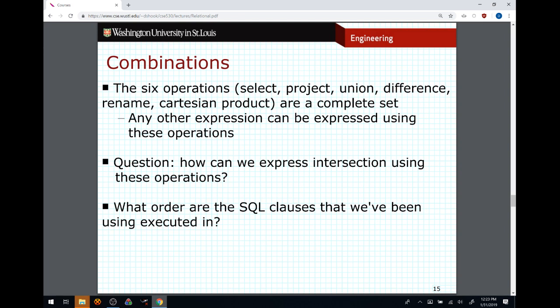And when you took set theory, if you took set theory, but I can define intersection in terms of the others. Difference and union are all I need to define intersection, as one example.